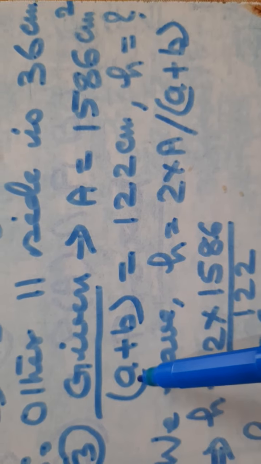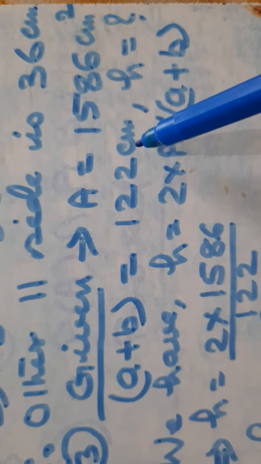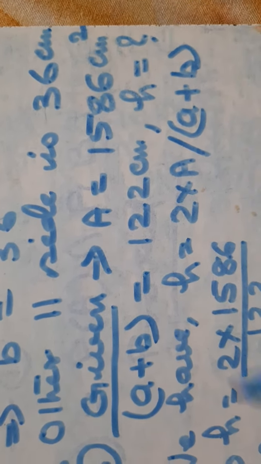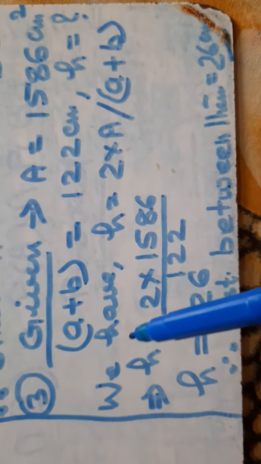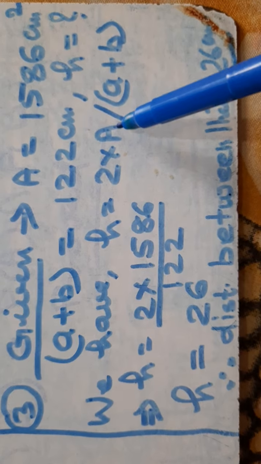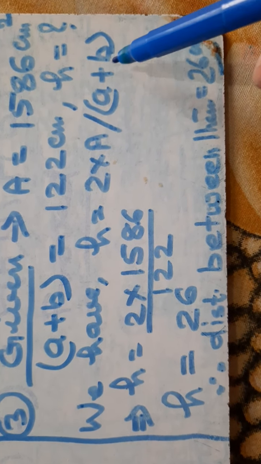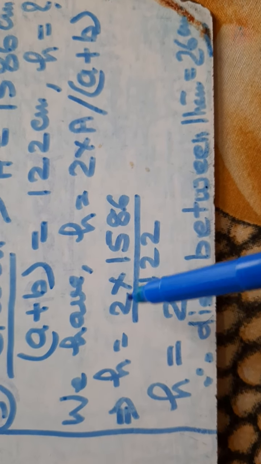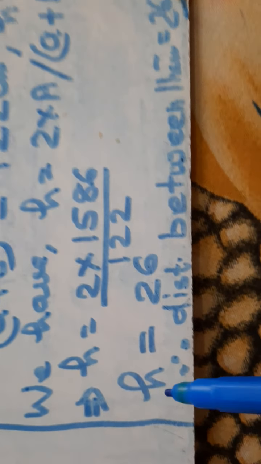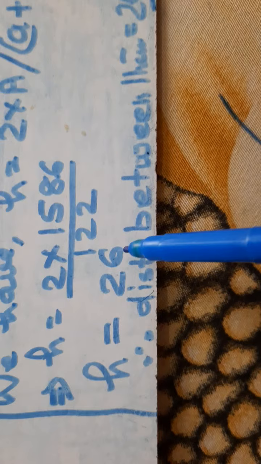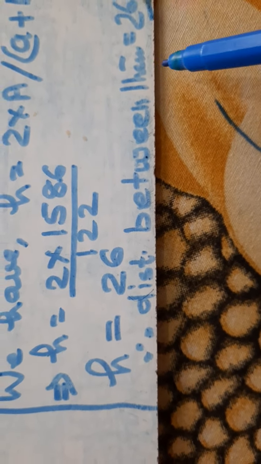Sum of parallel sides a plus b is equal to 122 centimeter. h is equal to how much? So we use the direct formula. We have h is equal to 2 into A divided by (a plus b), or h is equal to 2 into 1586 divided by 122, or h is equal to 26. Hence, the distance between parallel sides is 26 centimeter.